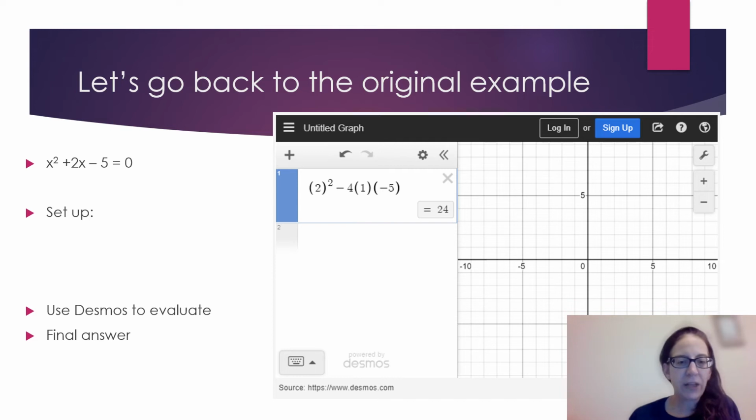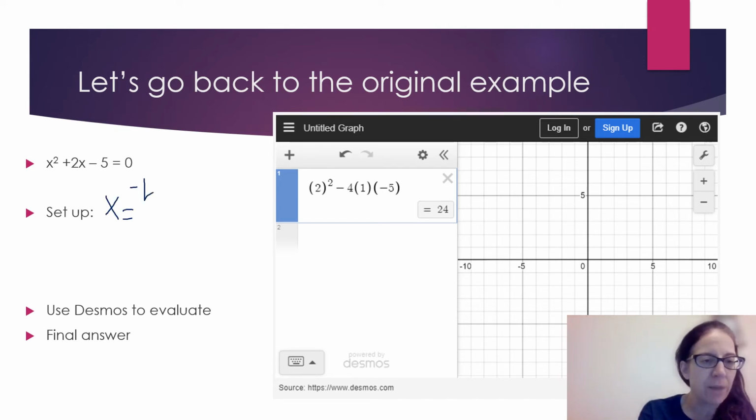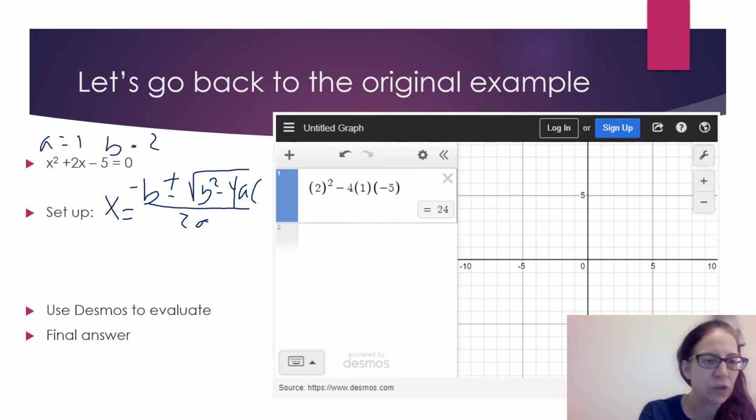And what I'd like you to do is start by setting the formula up. So we have x is equal to the opposite of b plus or minus the square root of b squared minus 4ac all over 2a. And we have a is equal to 1, b is equal to 2, c is equal to negative 5.